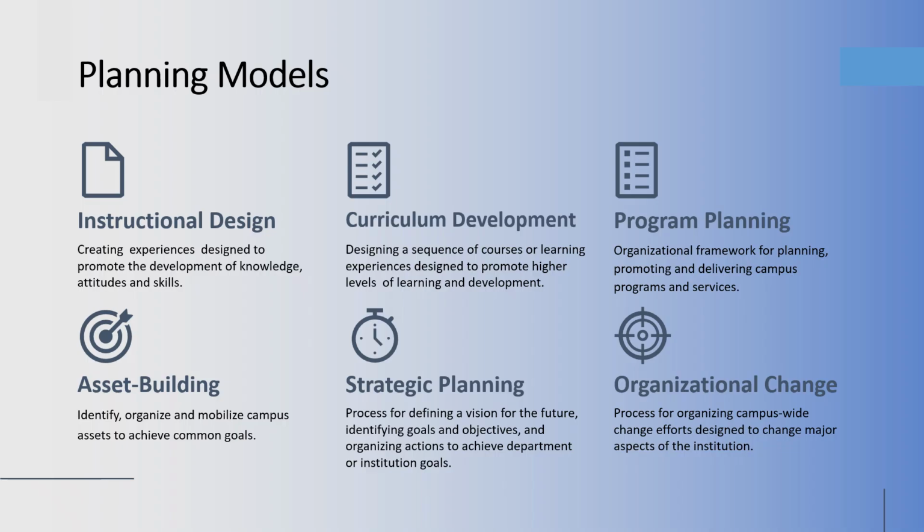Academic departments and the entire institution can use strategic planning models to define a vision for the future, identify goals and objectives, and organize actions to achieve common goals. And finally, organizational change models can be used to organize campus-wide change efforts designed to change major aspects of the institution, such as implementing a new core curriculum or redesigning the learning management system.